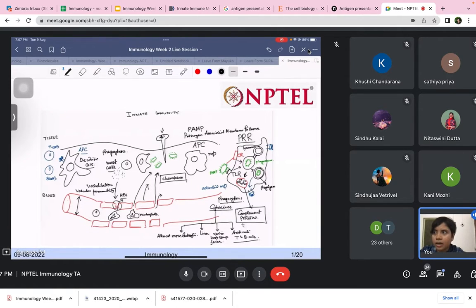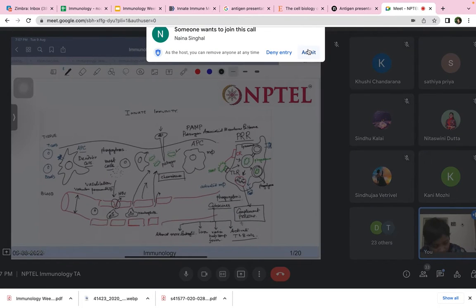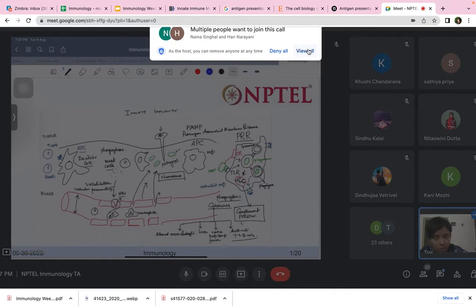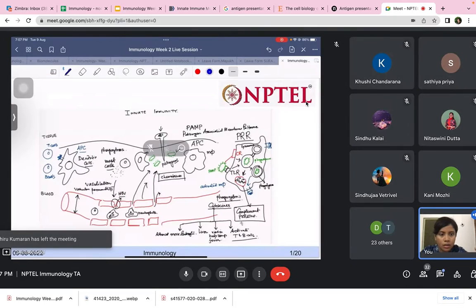Someone asked whether the mucosal surfaces are also anatomical barriers. Yes, they are anatomical barriers. These are the pathogens that also enter through the piercing of the nail.